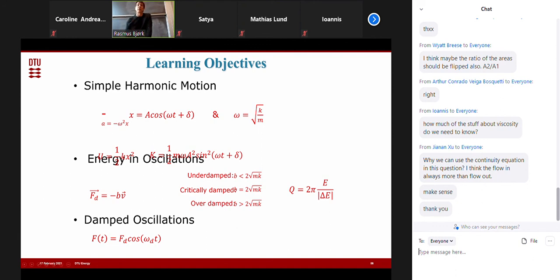We also had our frequency as a square root of K over M. So we have our energy and oscillations here of the underdamped, the critically damped, and the overdamped. And then we do have damped oscillations where we had this damping constant in front of it.